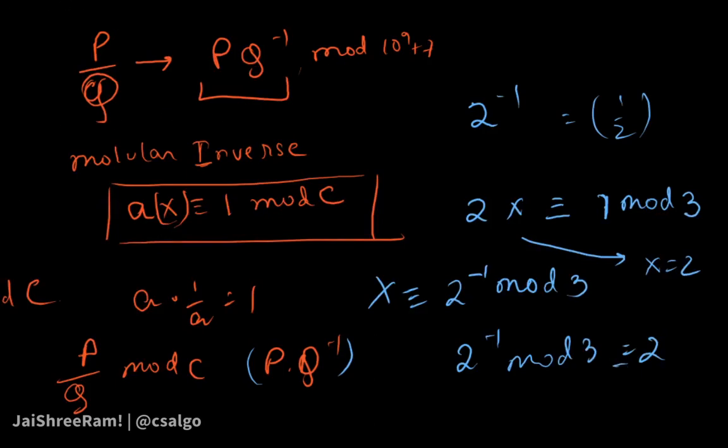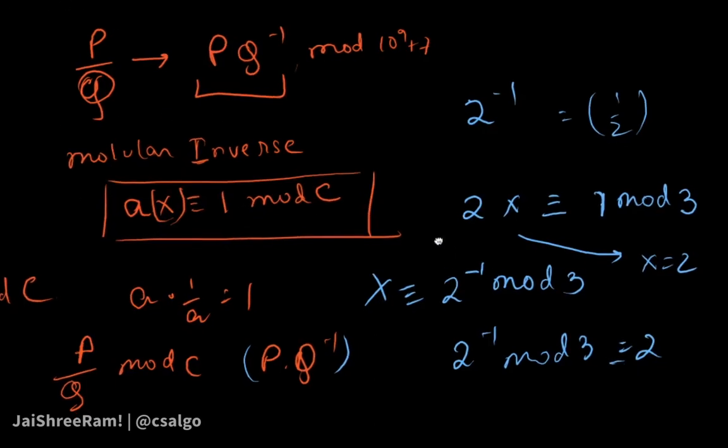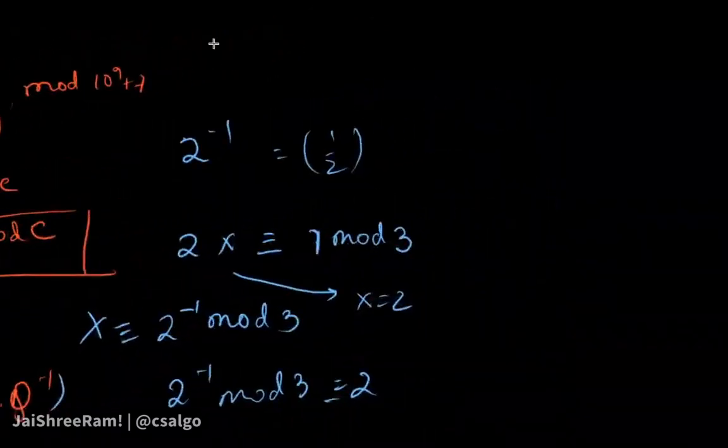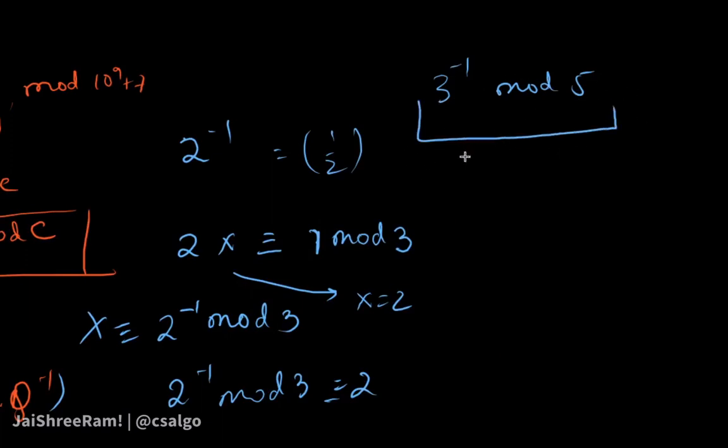Similarly, let's take another example. Let's say we need to find out 3 inverse modulo 5. What is 3 inverse modulo 5? Like what do you multiply with 3 so that you get 1 modulo 5? That's the definition, right? Whatever this number is will satisfy the expression that 3 times x is congruent to 1 mod 5.